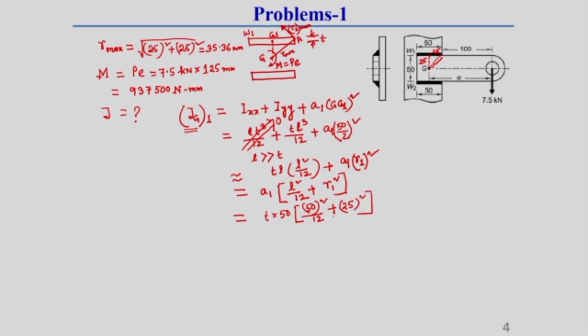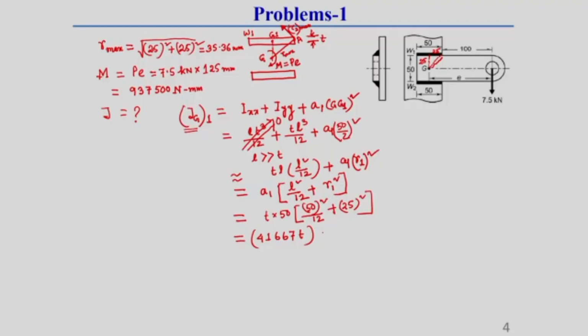So, by this we get Jg1 equal to 41667 T. Now, its unit will be T into L cube, means 4 power of length, so millimeter to the power 4.